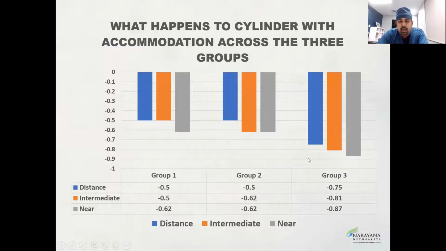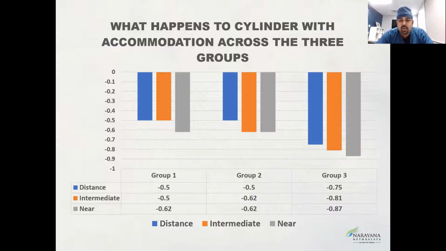And this is maintained across the 3 groups. Group 3 and group 2 were patients who had some lens-induced changes, but on treating them with the software, with the algorithm, the amount of astigmatism that changed on accommodation was significantly lesser. So these lenses were more at rest on accommodation compared to the patients who were accommodating much more preoperatively.